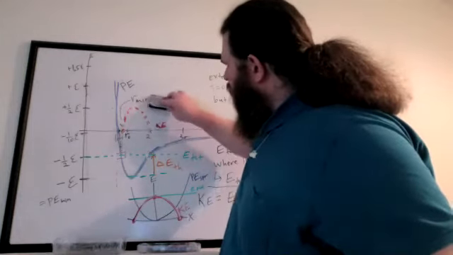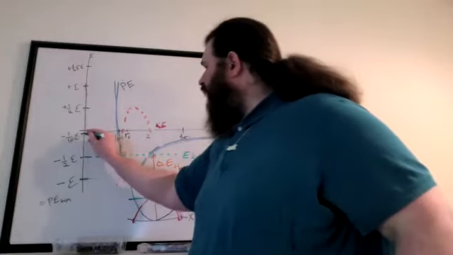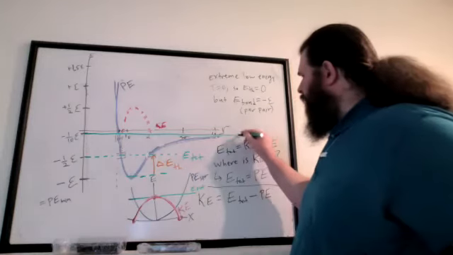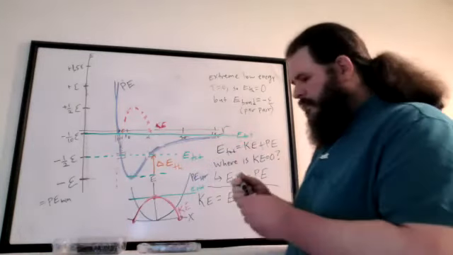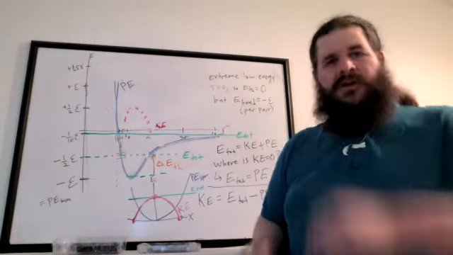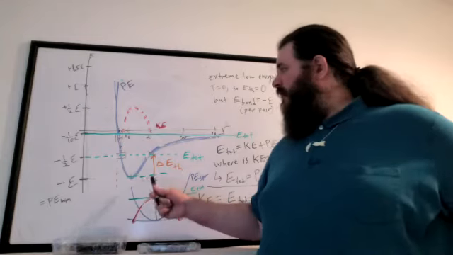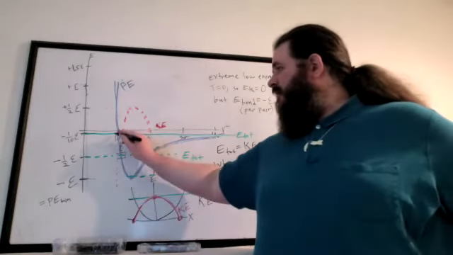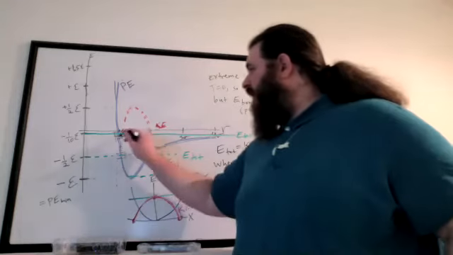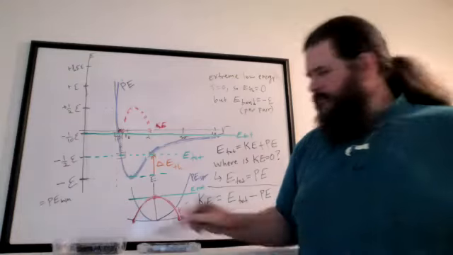If we raise E total up to -1/10 epsilon, then we want to start by looking for where kinetic energy is 0. So we look for any locations where E total crosses potential energy. We've got one here. So that's a location where kinetic energy reaches 0. That would be R min.